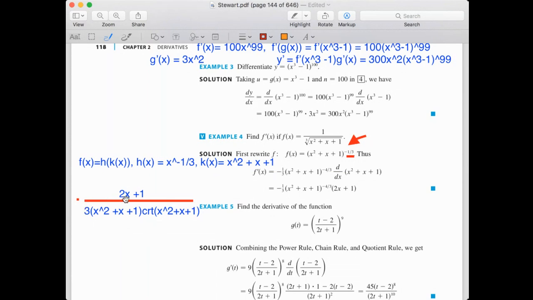So negative 2x plus 1 divided by 3 times x squared plus x plus 1 times the cubic root of x squared plus x plus 1. Right, negative 1/3 is hiding here. Negative, because 1 times 2x plus 1 becomes 2x plus 1. 1/3, the 3 is in the denominator. All right, any questions?